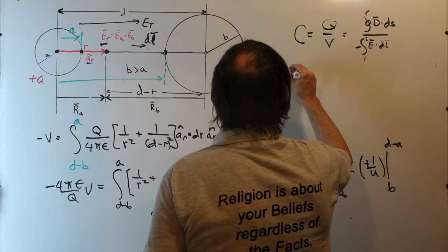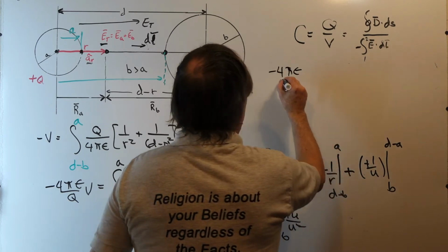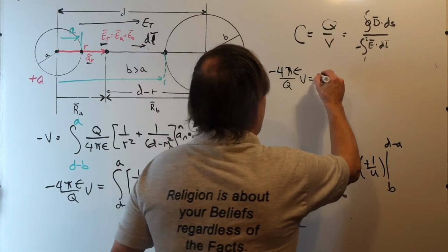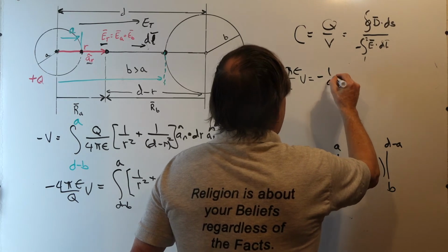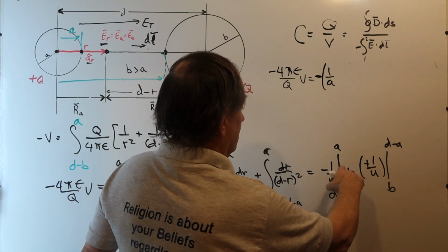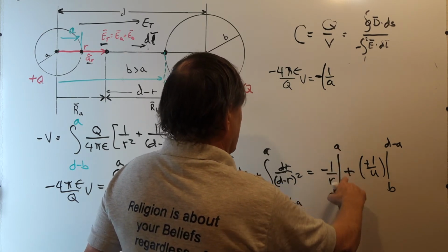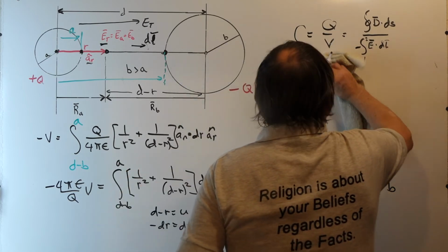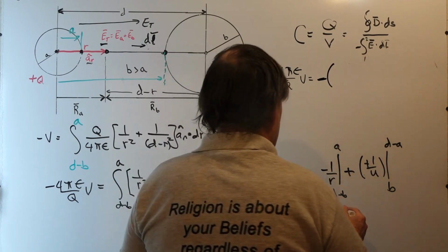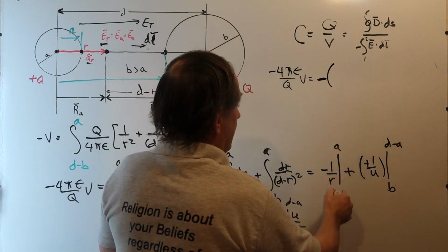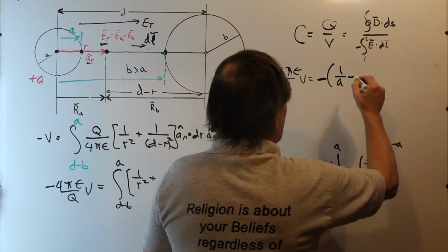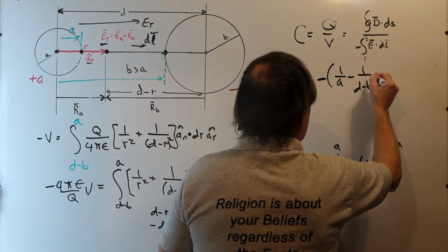We have minus 4 pi epsilon over q v. And this, evaluating, we have a minus 1 over a, minus sign out in front. So we evaluate from a, which gives us 1 over a minus the lower limit 1 over d minus b.